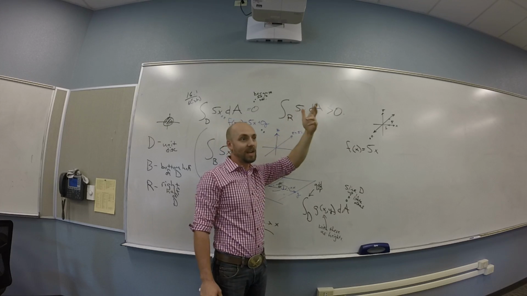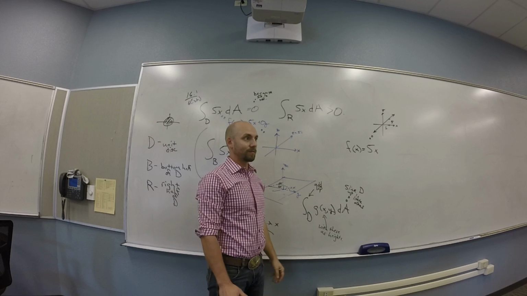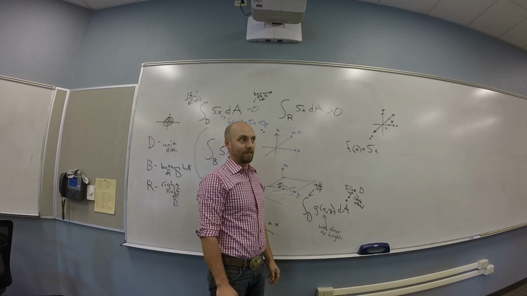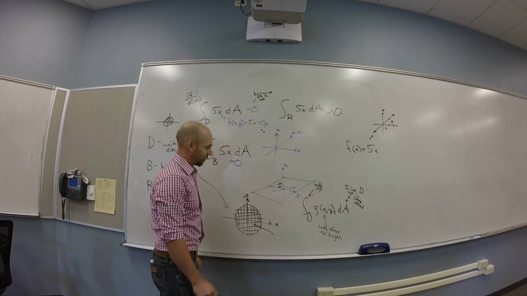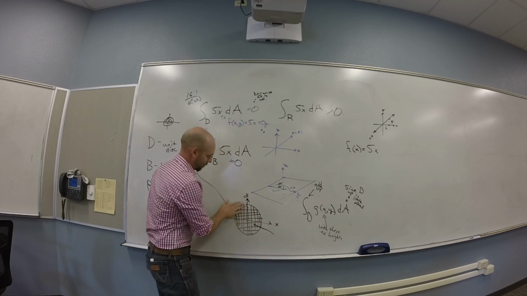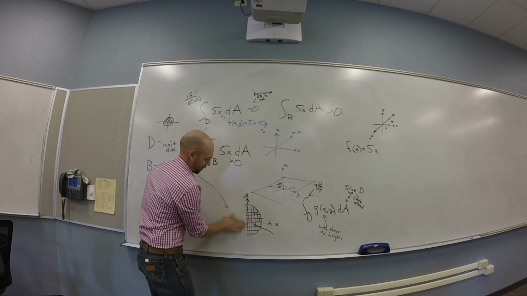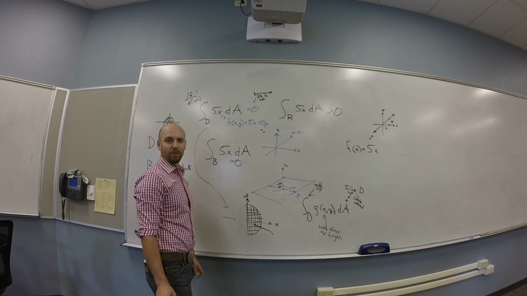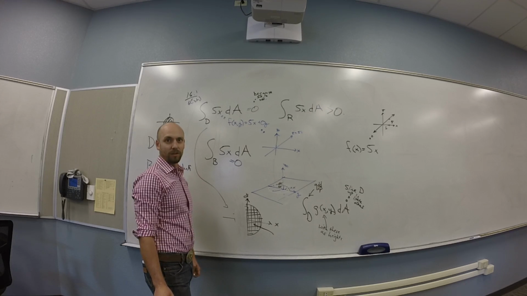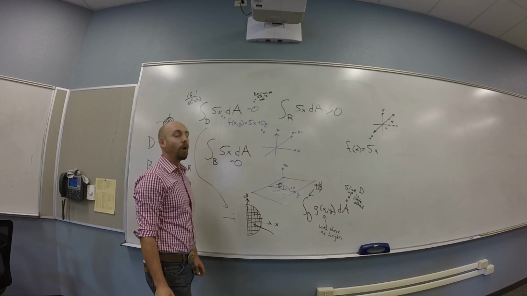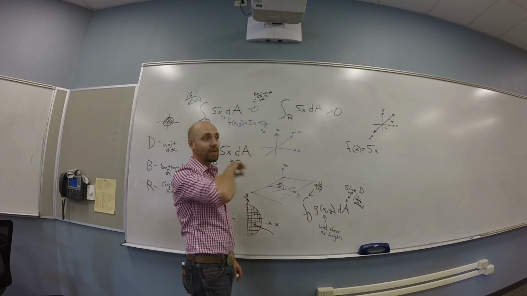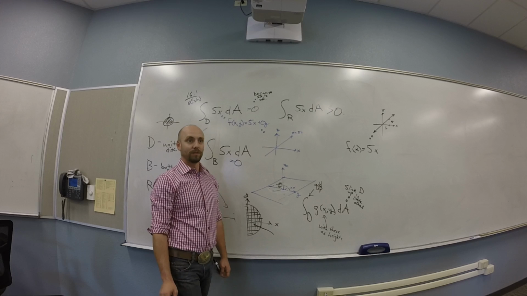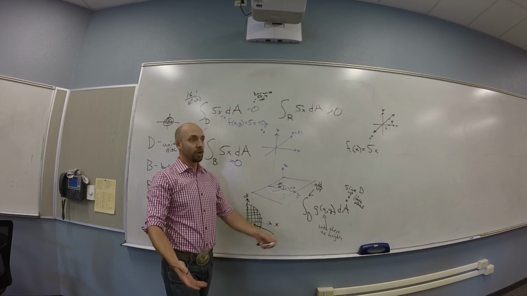And then how big is the area of the base? It's half of a disk, pi r squared divided by 2, and r is 1. So pi divided by 2. Yeah, 5 times pi over 2. You guys see that? That's a good overestimate.